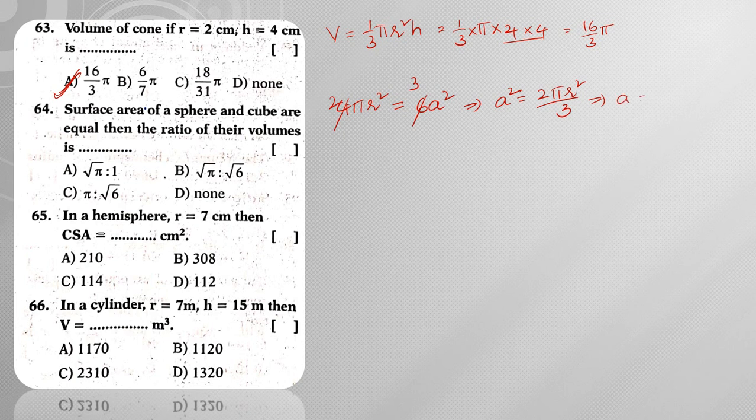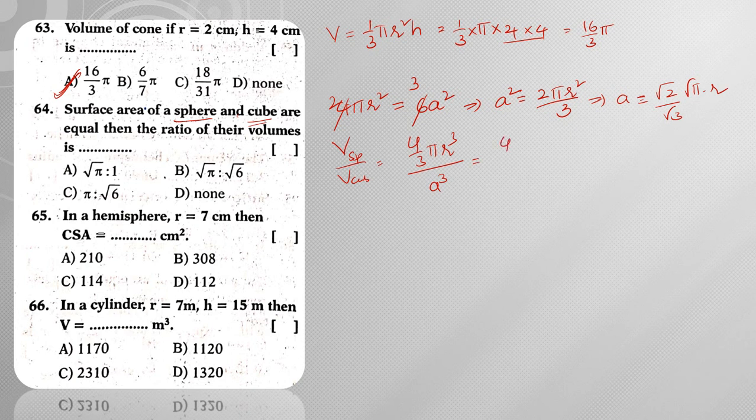So from this I can write a is equal to root 2 by root 3 into root pi into r. This is nothing but the value of a. Now what is he asking? Sphere and cube. That means volume of sphere by volume of cube. So volume of sphere is 4/3 pi r cube by volume of cube is a cube.